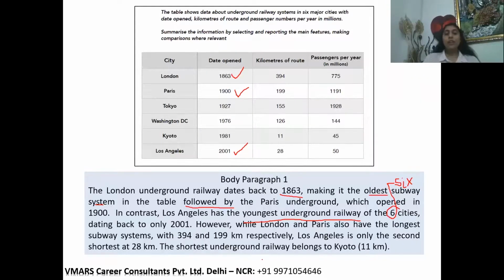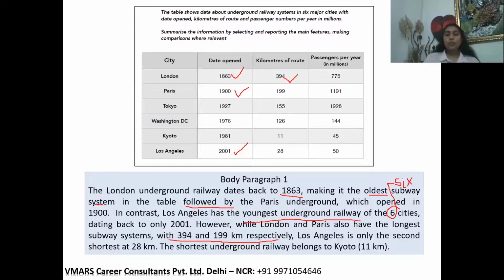However, while London and Paris also have the longest subway systems, with 394 and 199 kilometers respectively, please look at the word respectively there. As I said, first we talked about London, so London's kilometers came, 394. After that we talked about Paris, so for Paris that was 199 kilometers. Then we use the word respectively. So it means that 394 is for London and 199 is for Paris.